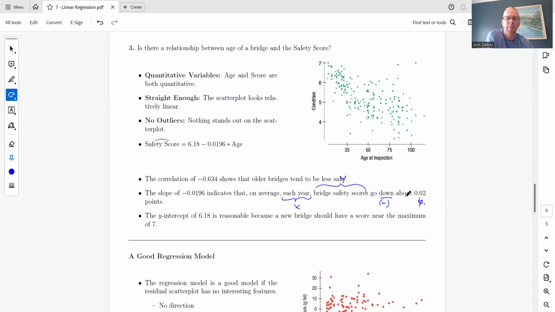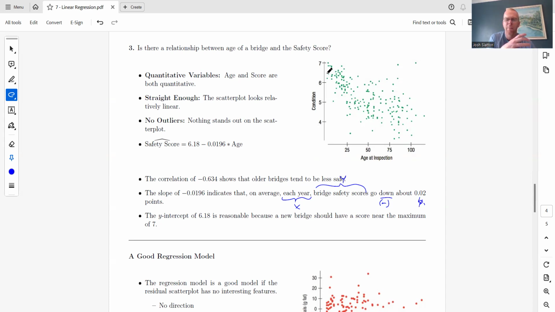And then the y-intercept of 6.18 seems reasonable because we can see all the new bridges. The y-intercept, again, is the interpretation of, or the value of, y when x is 0. So in this case, if the age is 0, that means we're talking about a new bridge. And that goes back to what we said in the last video: you want to say these things naturally.